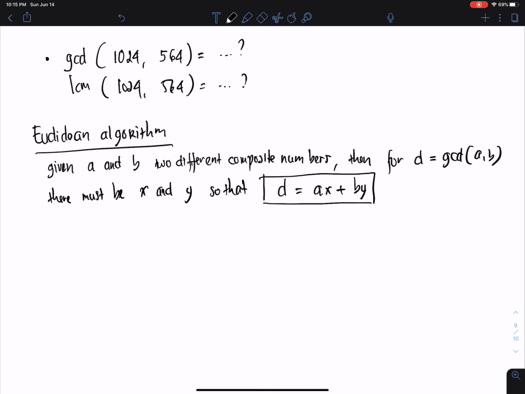Okay, so I'm using my own wording to explain this Euclidean algorithm.